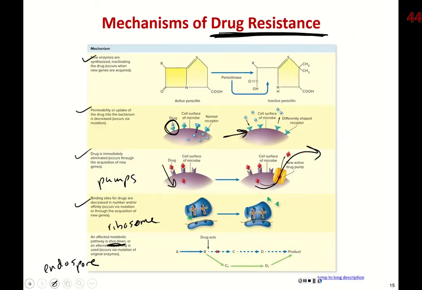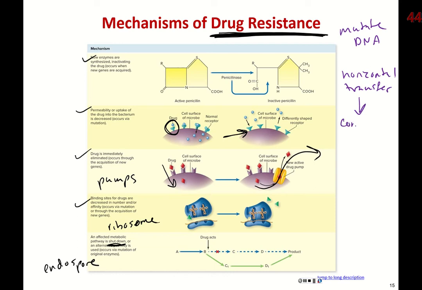I think if we go back to this slide, just where do the bacteria get their drug resistance? Don't forget that they can do a bunch of different things. They can mutate, okay, so they can just mutate their own DNA, and then they can also have what's called horizontal transfer. And if you recall, what was that?